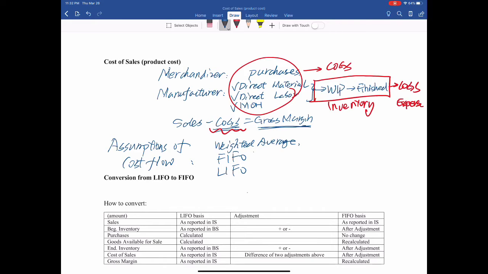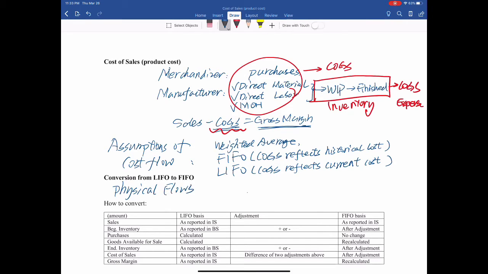For FIFO, because first in will be first sold, the cost of goods sold will reflect the historical cost of the inventory. For LIFO, last in, first out, the cost of goods sold will reflect the current cost of the inventory. The physical flow of inventory is not necessarily consistent.